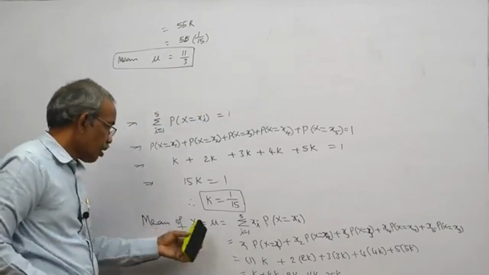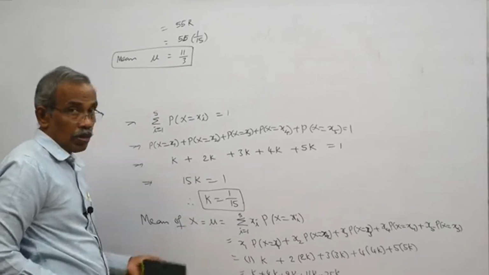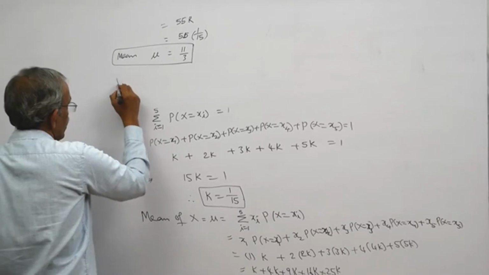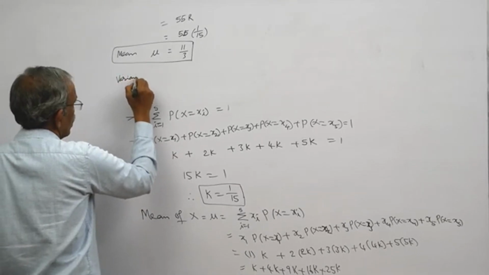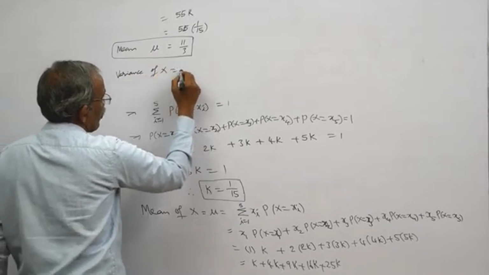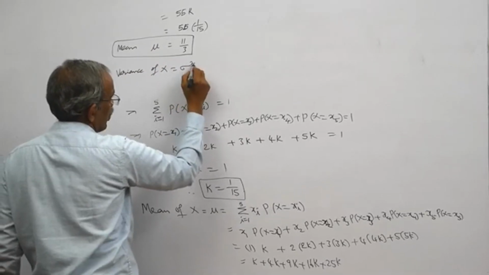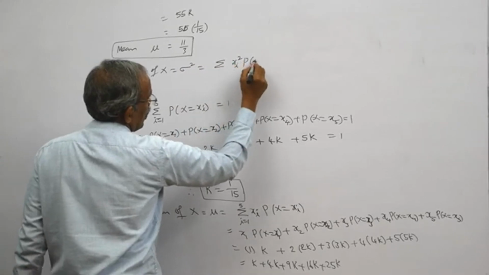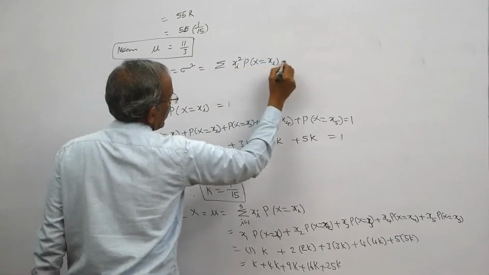After finding the value of mu, now we have to find the value of sigma square, that is the variance of x. Variance of x is equal to sigma square, that is equal to sigma xi minus mu whole square into probability of x is equal to xi.